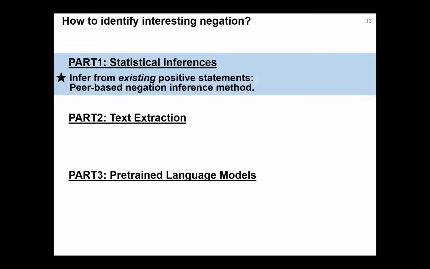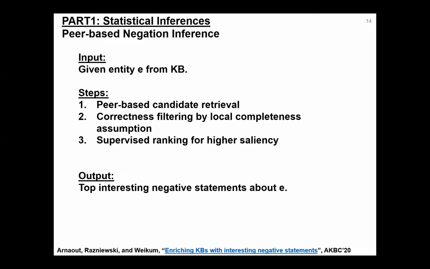knowledge base. And the first method is called the peer-based negation inference, where basically, given an entity from the knowledge base, again, it's an open world knowledge base, we identify peers and we produce candidates based on the information from these peers. We filter the correctness because, again, this is open world. So just saying that this statement is negative is not sufficient.